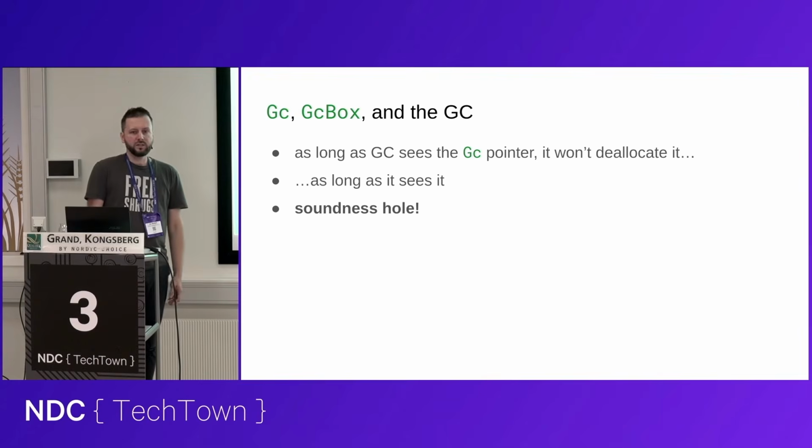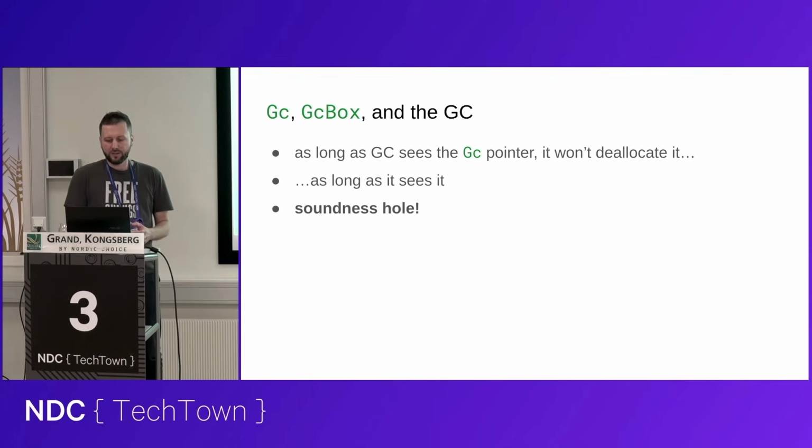In full honesty, we don't actually care about this one too much, because first of all, putting things in globals is a lot of work in Rust, and second, we're not doing that. We're not putting things in globals ever, basically. So for our code base, this is unlikely to happen, but it is a problem.